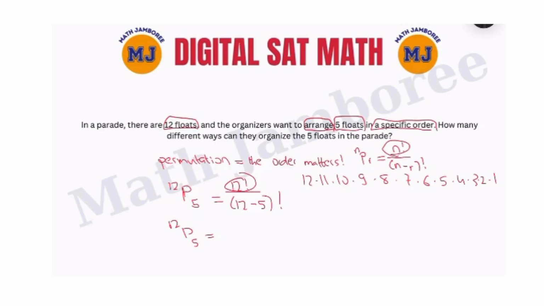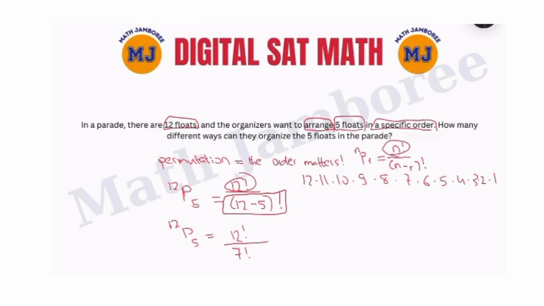First of all, we're gonna figure out the denominator, which is gonna be, I'm pretty sure, 7 factorial. Alright, so 7 factorial, and then we got 12 factorial. Now in this case, if you got a 7 factorial in the denominator, you don't have to multiply all the way to 1.